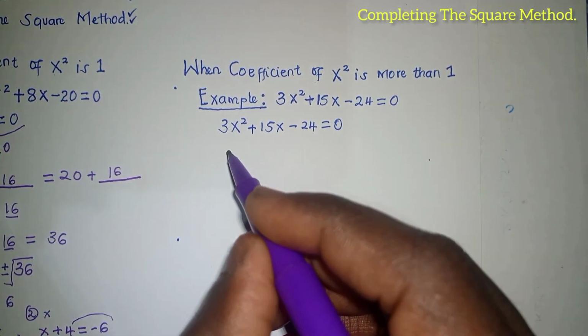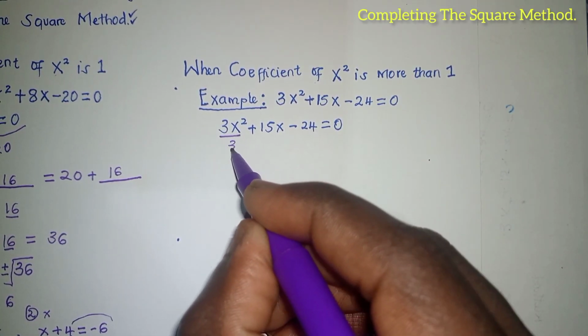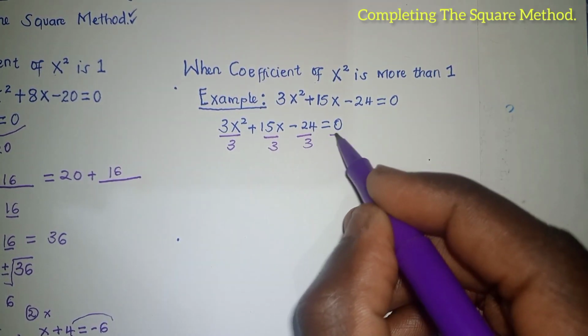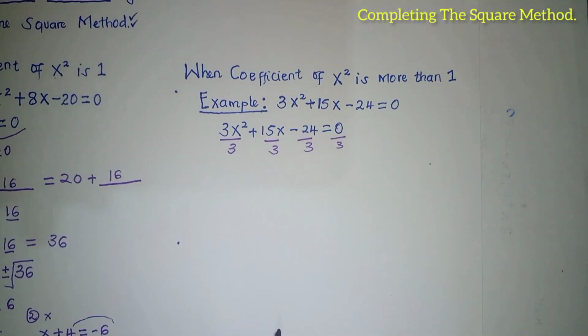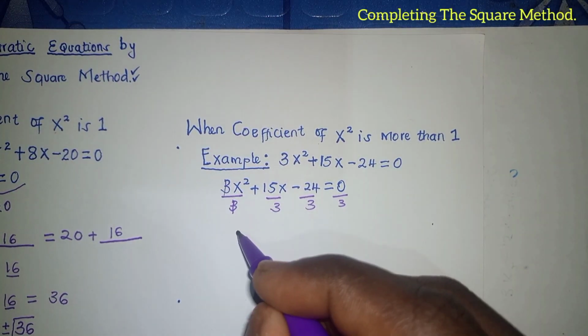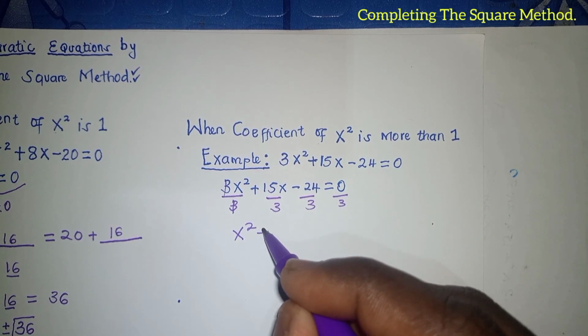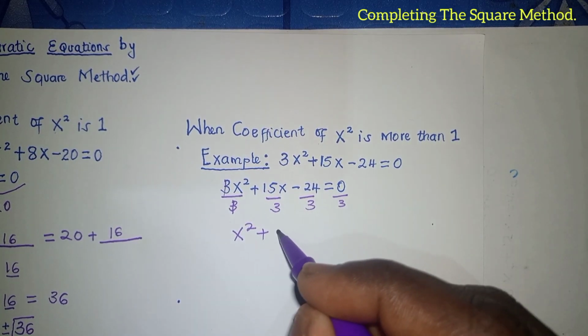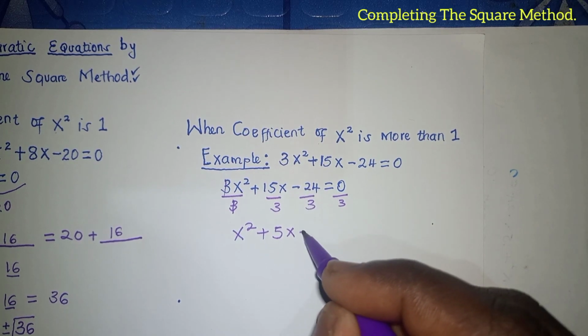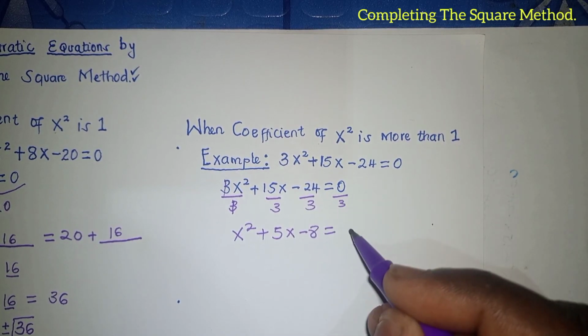So you must divide this term by 3, this by 3, this by 3, and this by 3. So 3x squared divided by 3 gives x squared, plus 15x divided by 3 is 5x, negative 24 divided by 3 is negative 8, and it is equal to 0.